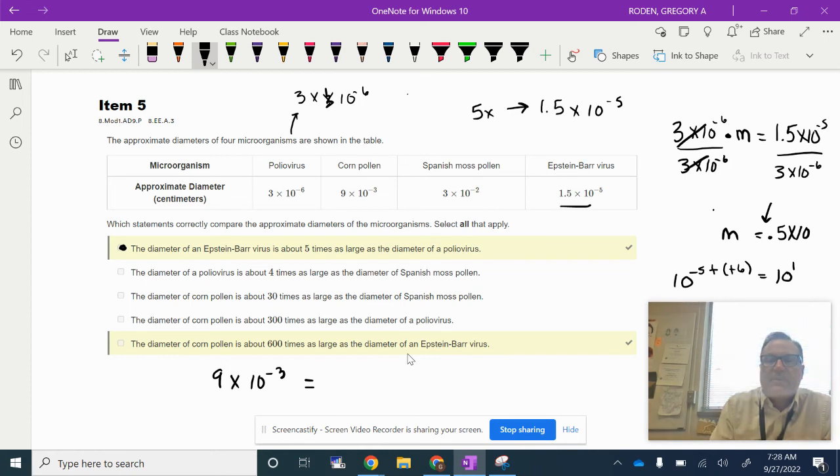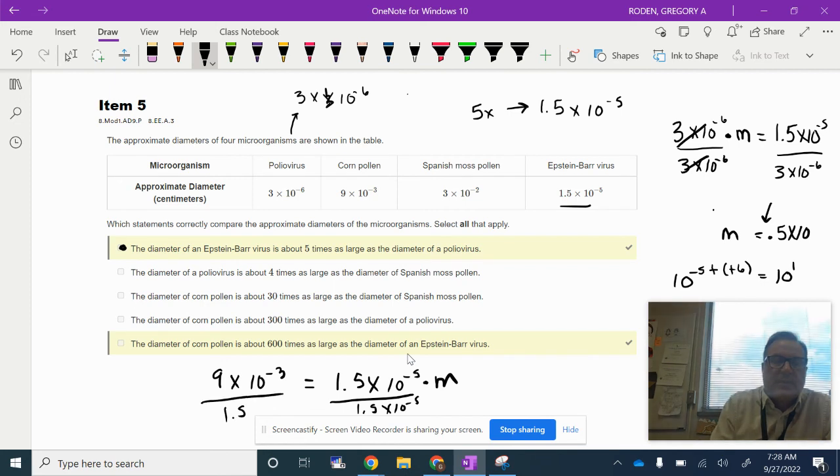Well, Epstein-Barr virus is right there, right? So we would say 1.5 times 10 to the negative 5th power times the multiplier. And all we do is just divide both sides by 1.5 times 10 to the negative 5th, and we probably will come up with about 600 if we do the math, okay?